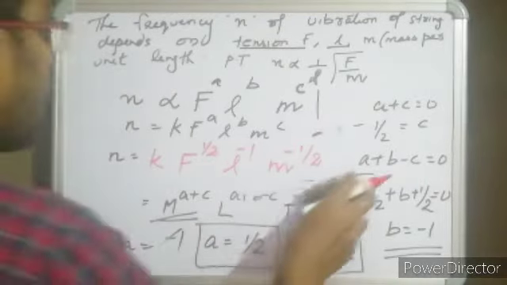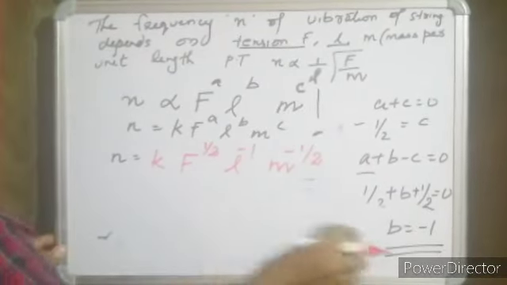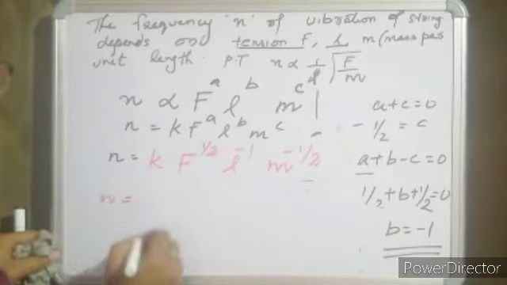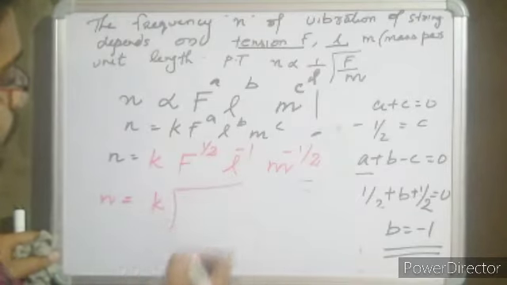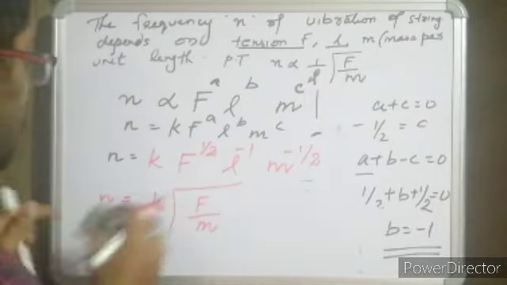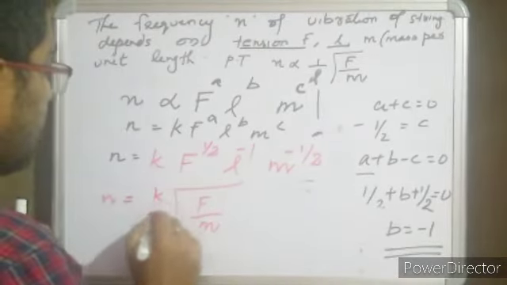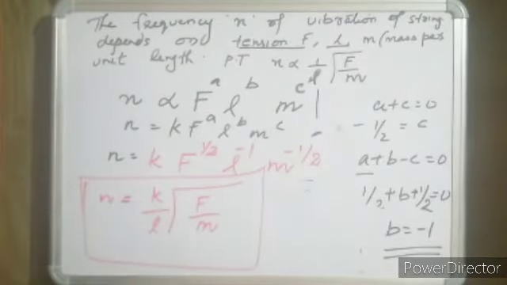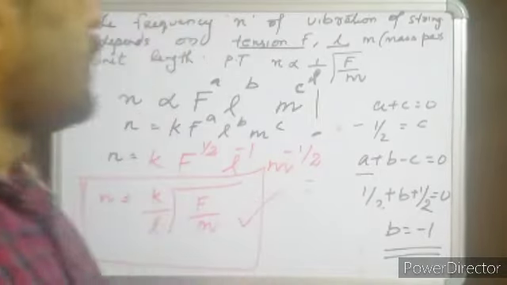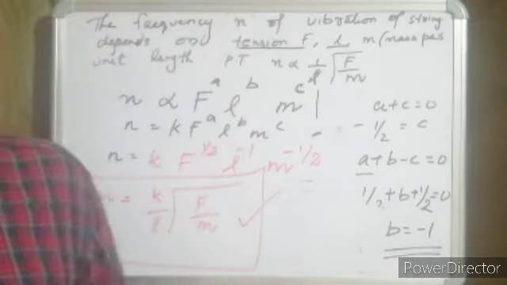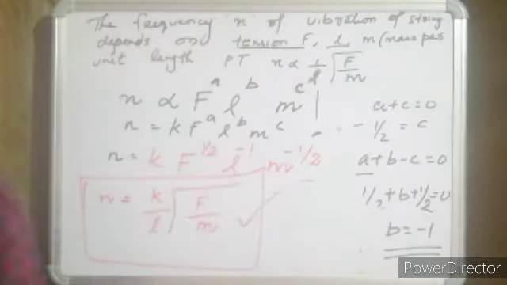This is correct, but I can still rewrite it as K into under root F divided by M, again 1 by L. So I can write it as K divided by L. So you will get the equation N, the frequency, is equal to a constant K divided by L into under root F divided by M. That will be your equation for frequency N in the case of a stretched string, the frequency of vibration.